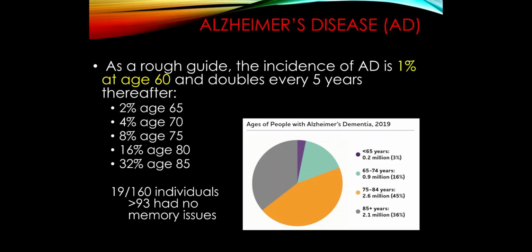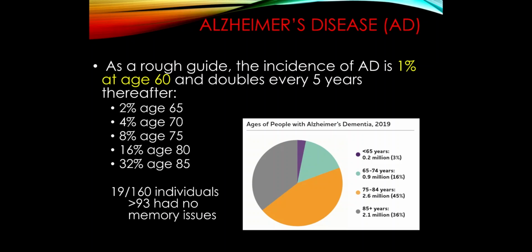So you can see 32% at age 85. It does not continue to go up at that rate. So in the very elderly, over age 90 and 95, we don't continue kind of on that steep incline.